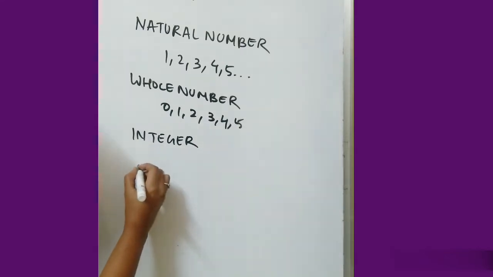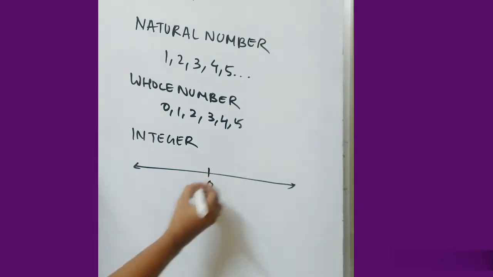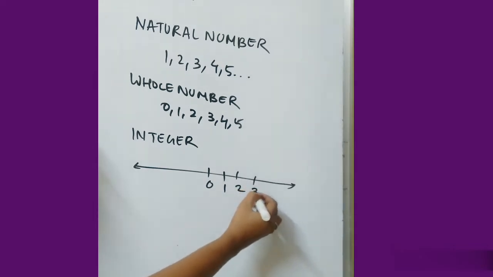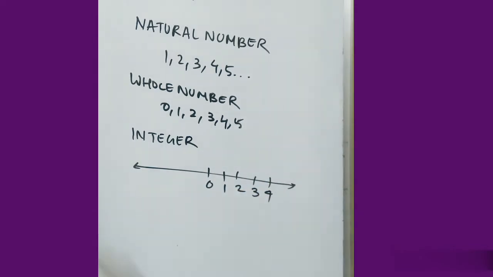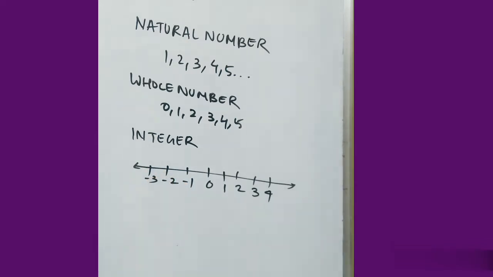Now for example, I'll show with a number line. This is our number line. In this, 0, after 0 we consider positive numbers. Before 0, minus 1, minus 2, minus 3.